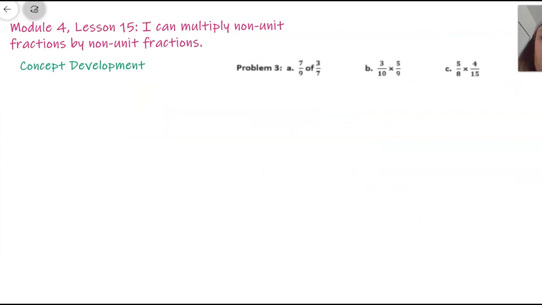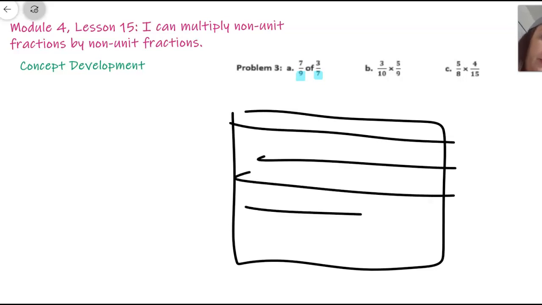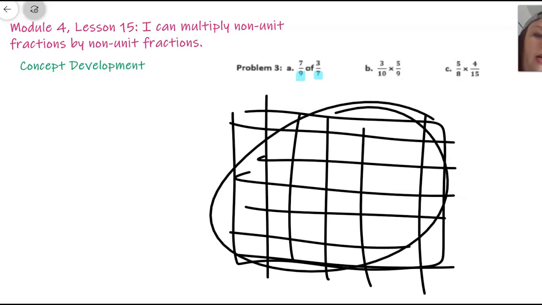All right, so let's go ahead and look at problems 3. So problems 3, A, B, and C have something that I want you to pay attention to. Look at this denominator. You got a 9 and a 7. If I was to draw a rectangular model and break it into 9 going this way and then 7 going this way, or vice versa, I'm going to have a lot of squares and I'm going to have a headache.